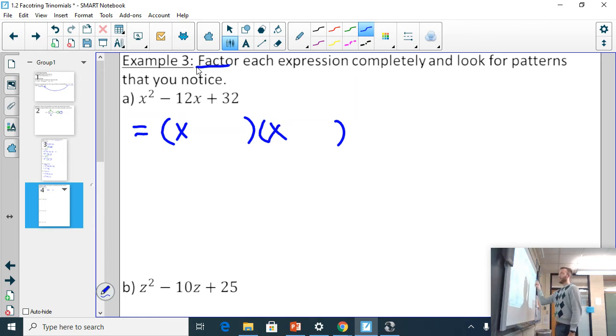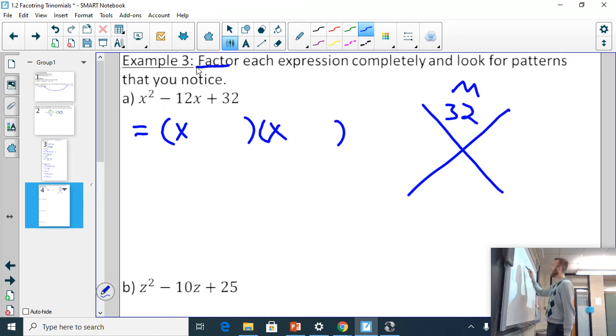Now what goes in between? Remember, we had to multiply to this last number, so I'm going to write multiply to 32. I'm going to draw an x. And then remember, they needed to add to the middle number. And the signs matter, so we have to add to negative 12. And now it's just a matter of thinking what two numbers do that.